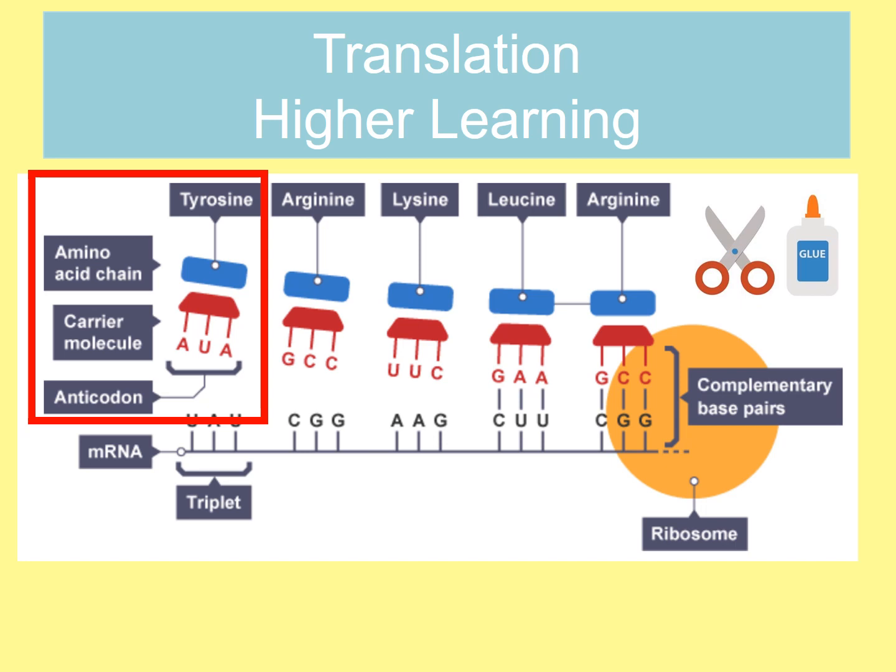So for translation, we see the translation is the process by which a protein is synthesized as a polypeptide chain under the direction of the messenger RNA. So the messenger RNA has attached to the ribosome. The genetic message is being read as a series of triplet bases.